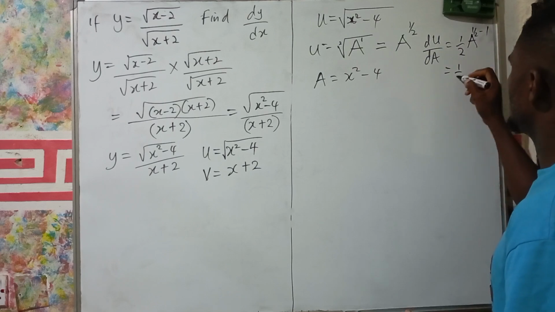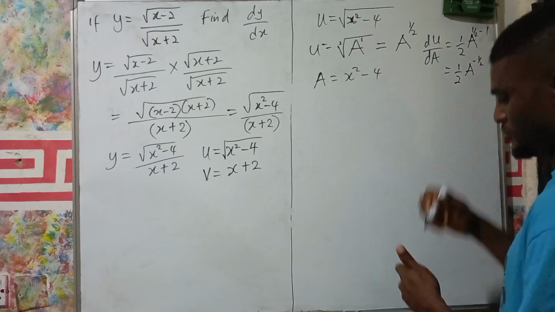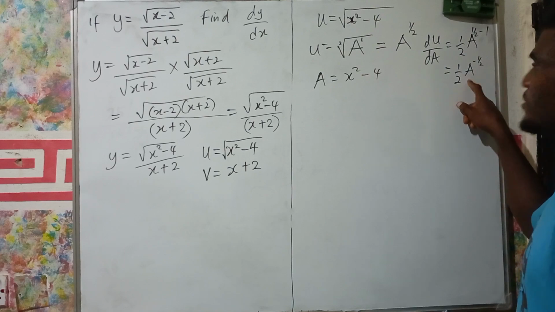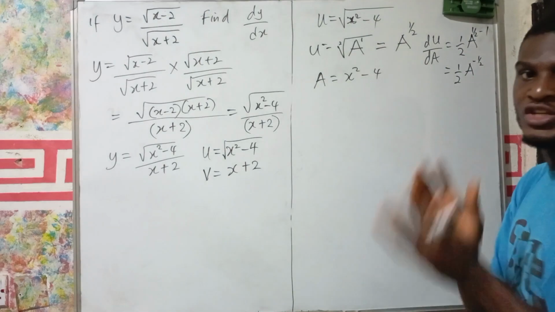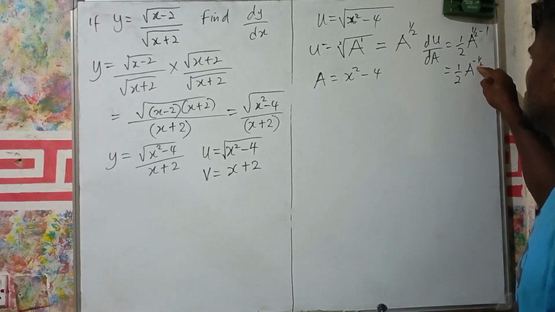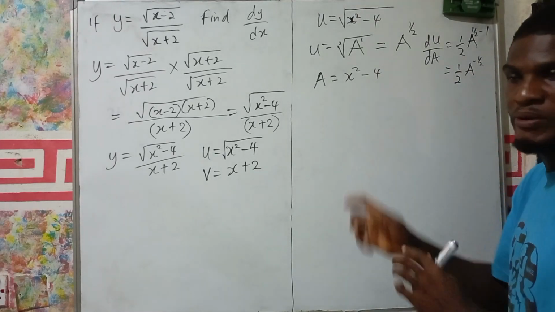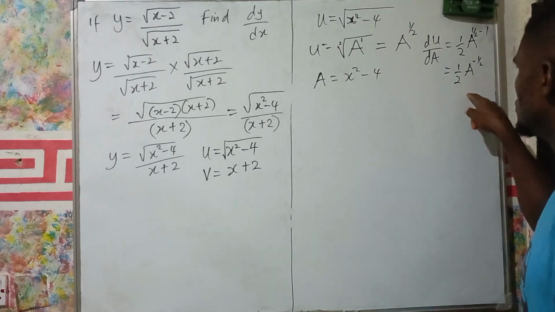And what we'll have here will be 1 over 2 a to the power of negative 1 over 2. Now because of the negativity of the power, a will have to switch position from the numerator to the denominator.